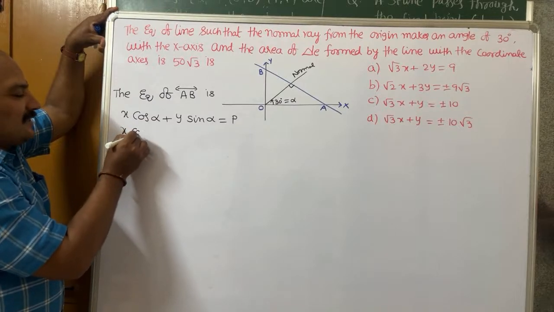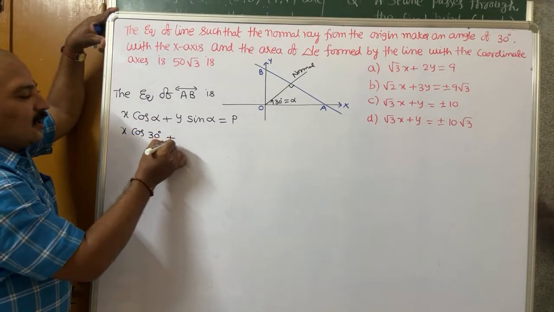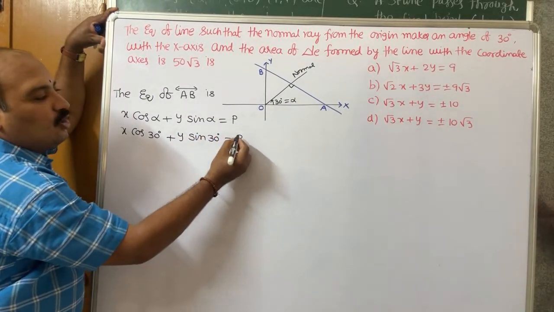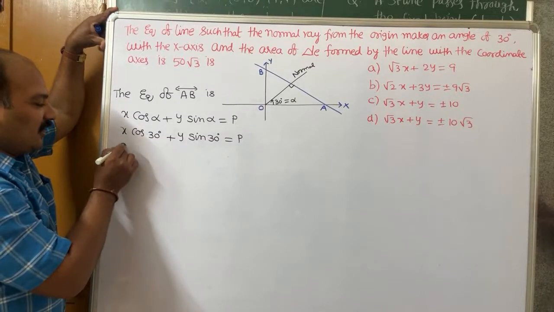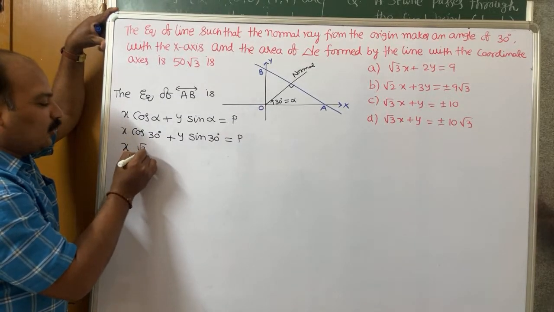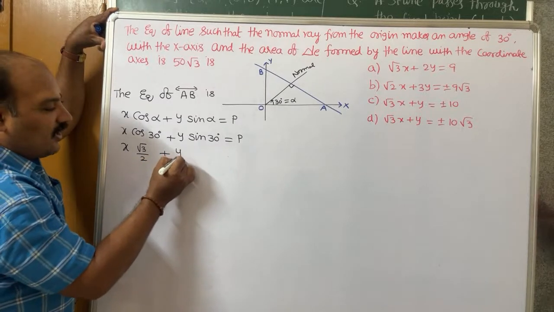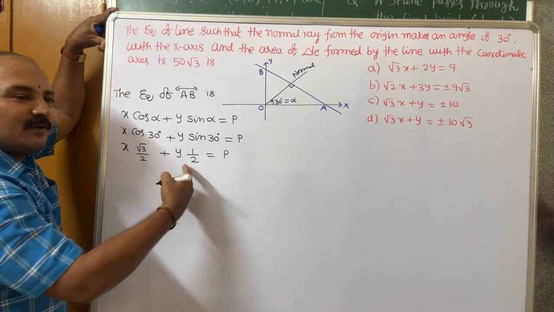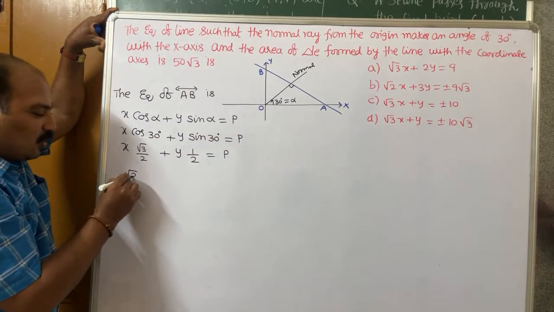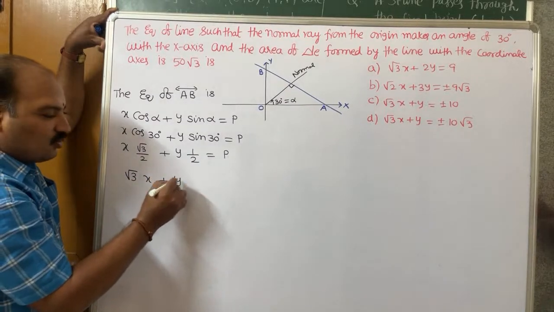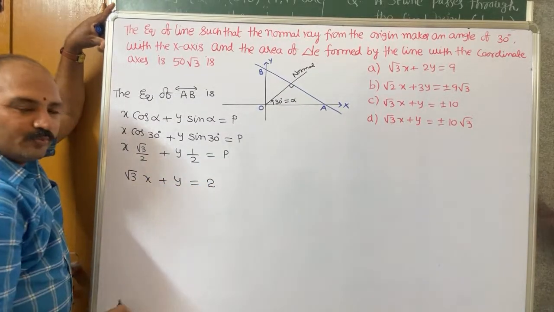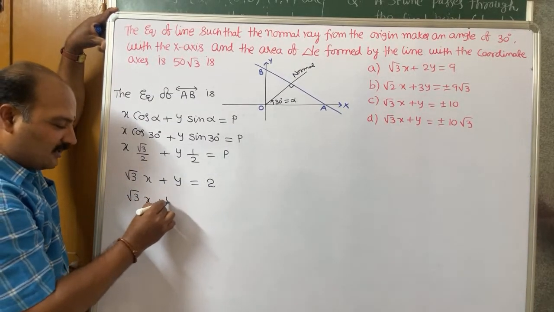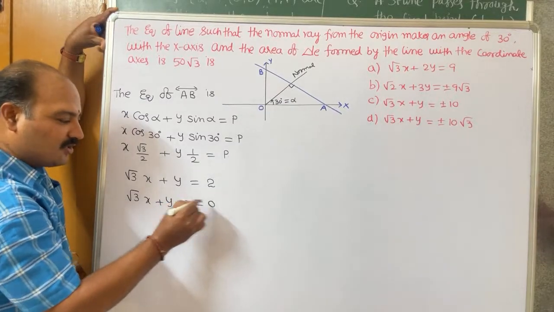So x cos 30 degrees plus y sin 30 degrees is equal to P. x into cos 30, root 3 by 2, plus y into sin 30, 1 by 2, is equal to P. Take LCM 2 and bring that side. So root 3x plus y is equal to 2P. So the 2P also bring this side: root 3x plus y minus 2P equal to 0.